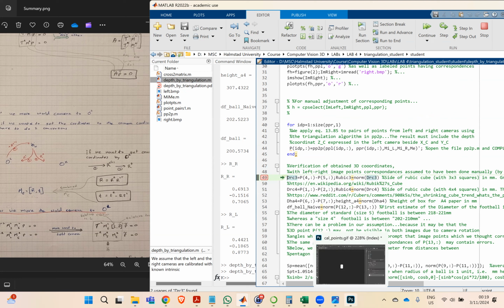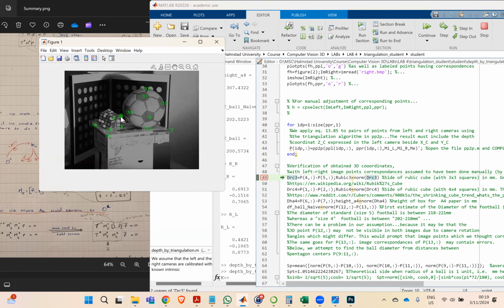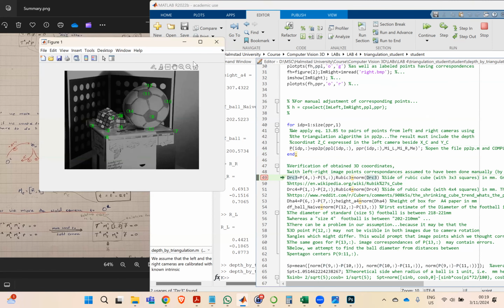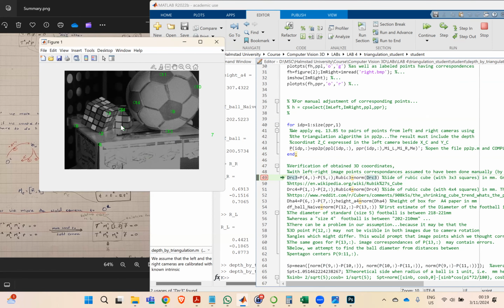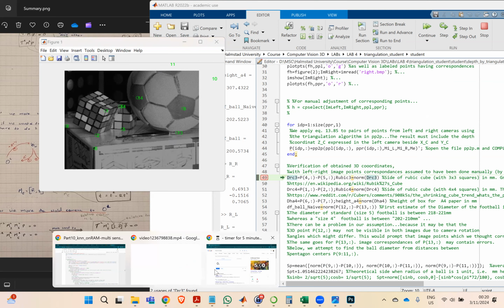That means the difference between these two, points 4 and 5. You can see it's this Rubik cube, the small one. Sonu, can you Google it and see what's the size of a 3 by 3 Rubik cube?